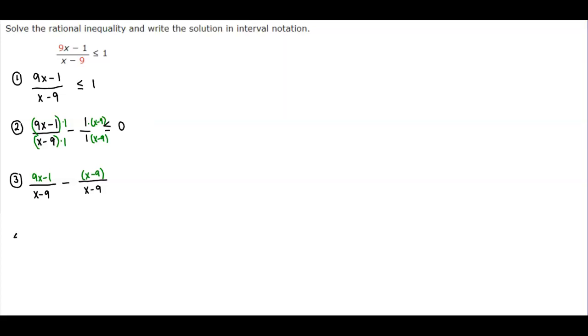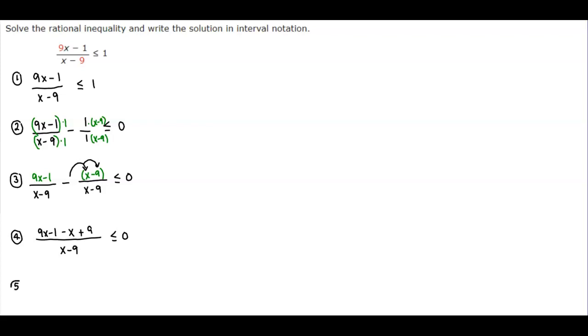Okay, now in step 4, we want to be able to distribute and combine our like terms using the common denominator of x minus 9. So we have 9x minus 1, and then we're going to distribute the sign to both of those terms. So we have minus x and then plus 9.